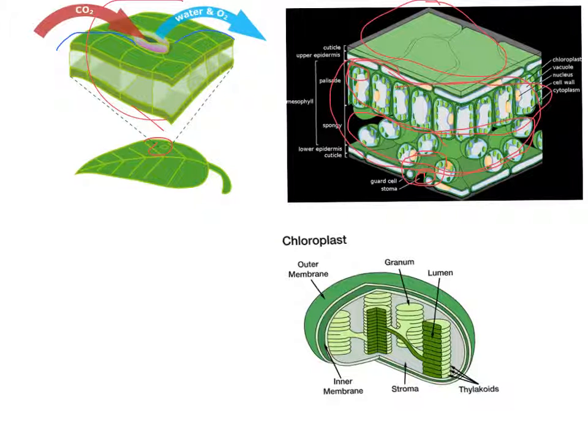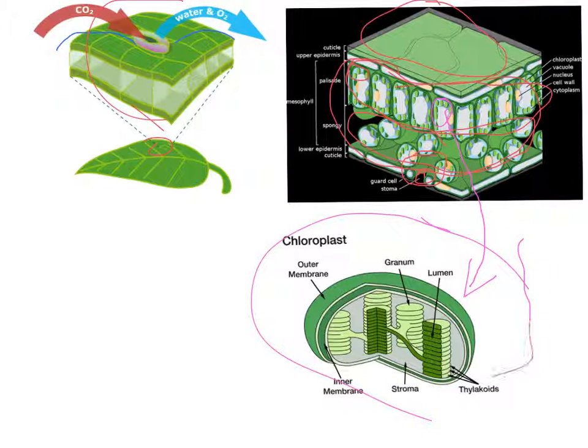So, there's chloroplasts, which this is a bigger example of it. So, this is a chloroplast, and there's an outer and inner membrane. So, that means there's two membranes in a chloroplast.